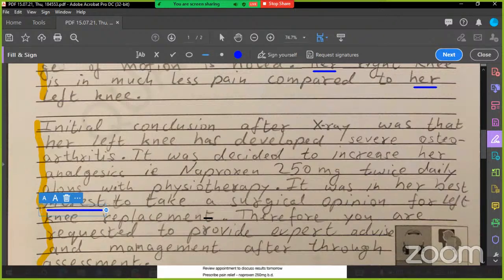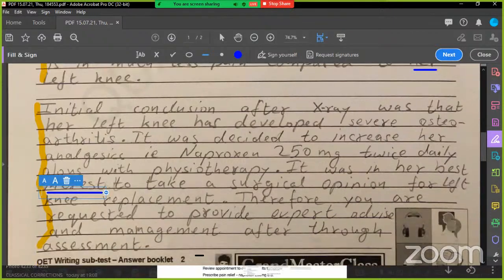So a surgical opinion for replacement of the left knee. Therefore, you are requested to provide expert advice and management after thorough, not through, assessment. So it was decided. Unnecessarily you are using pronouns.